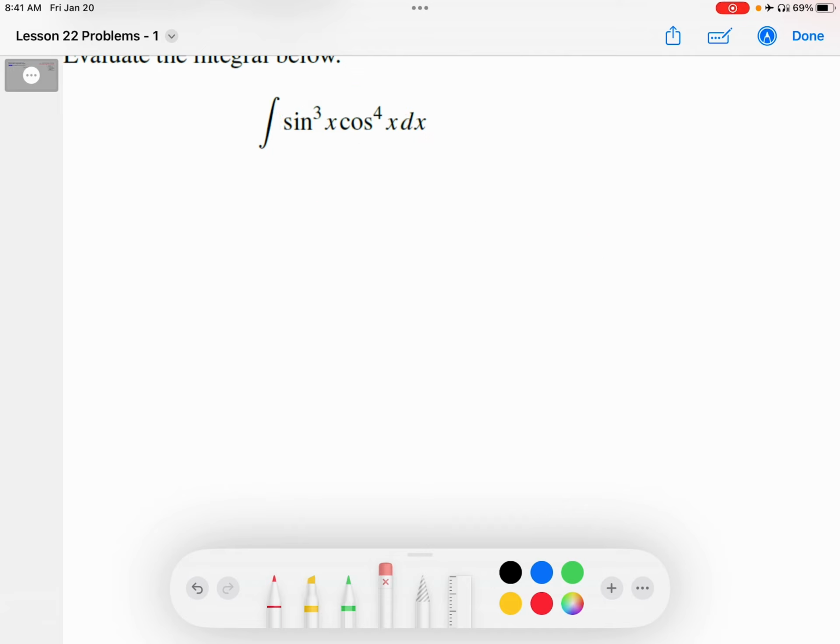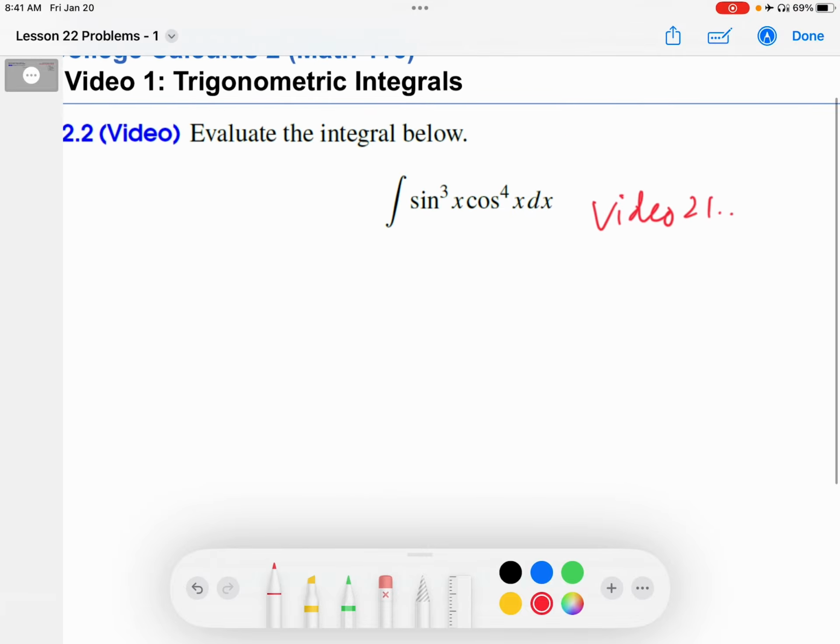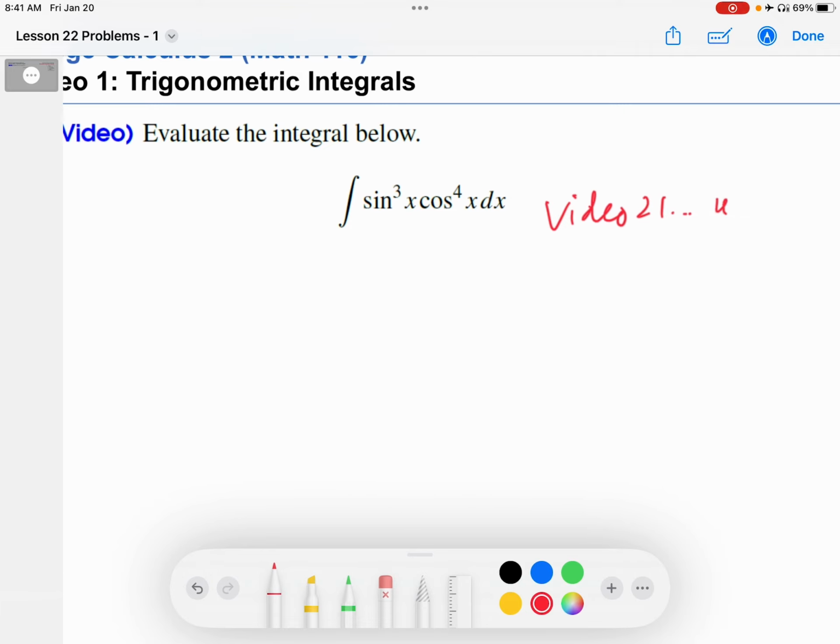Some of the ways that they could appear we have treated in previous videos. So I'll send you back to, for example, video 21 and the rest of the ones in that lesson for integration by parts. That may be an integration technique you will need to evaluate trigonometric integrals.